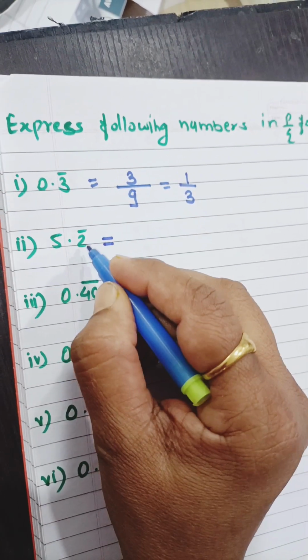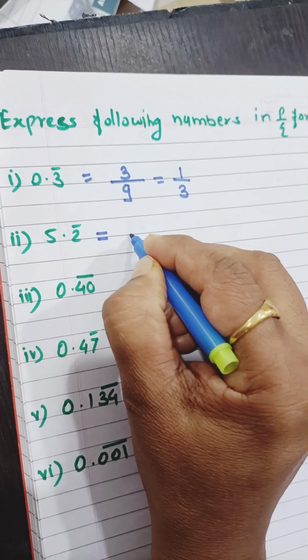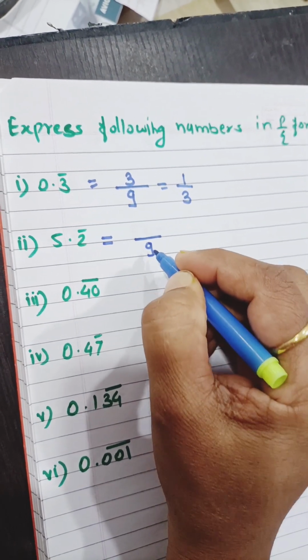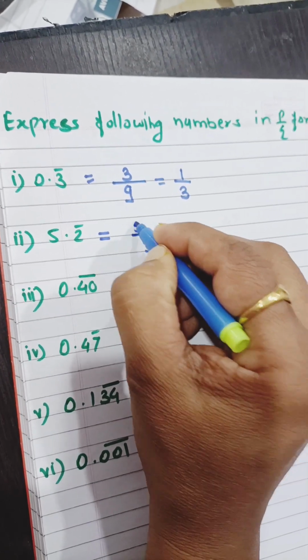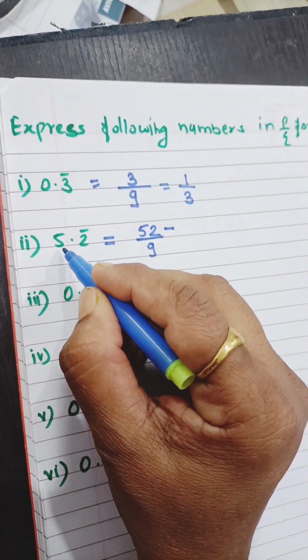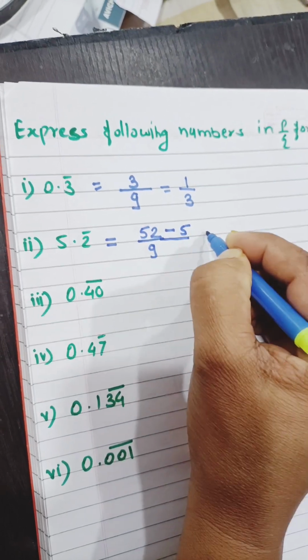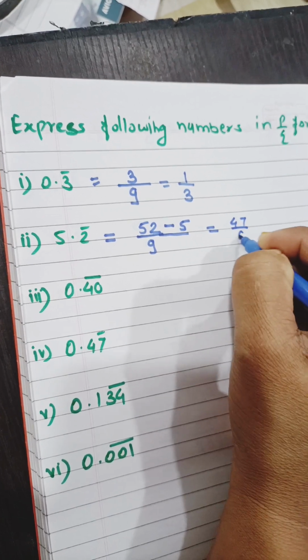Second is 5.2 bar. After decimal, again only one digit is there which is under bar. So we will have 9 in the denominator, and in the numerator write down the whole 52 and subtract the number which is not under bar, 5, from this 52. So here it is 47 by 9.